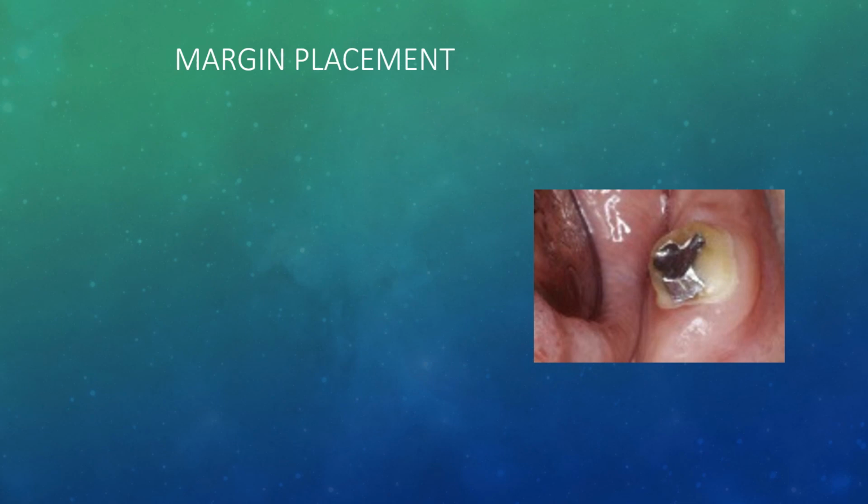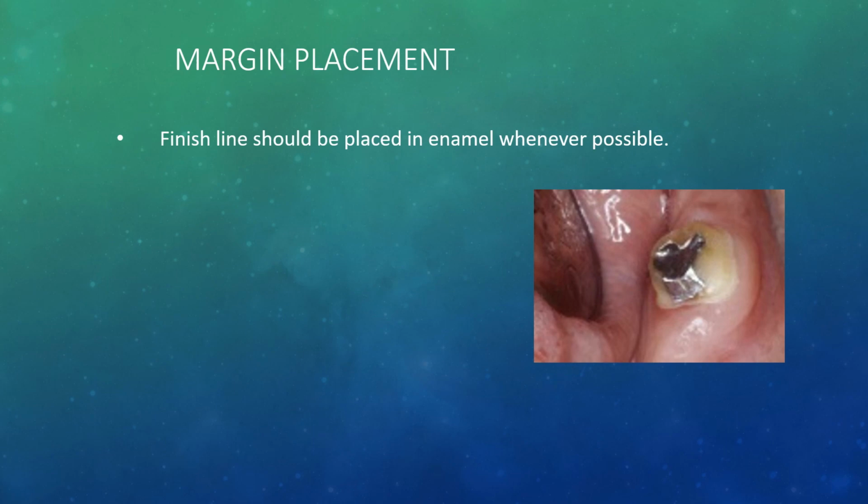Then you are preserving the periodontium, and you're not invading into the biological width or the gingival sulcus area, so that the tooth is not compromised by loss of periodontium. So you have to take care where the margin is being placed. It should be placed on the enamel, it should not be placed on the restorative material, and definitely a supragingival finish line is much better than a subgingival finish line.